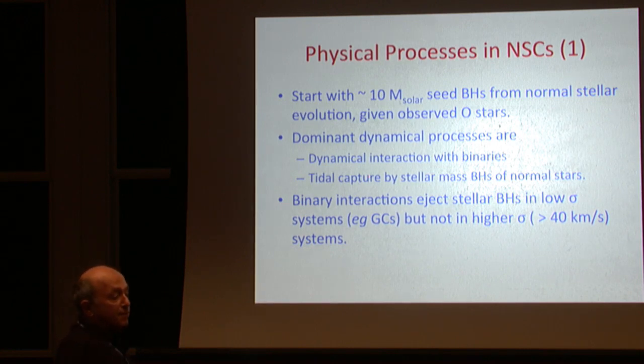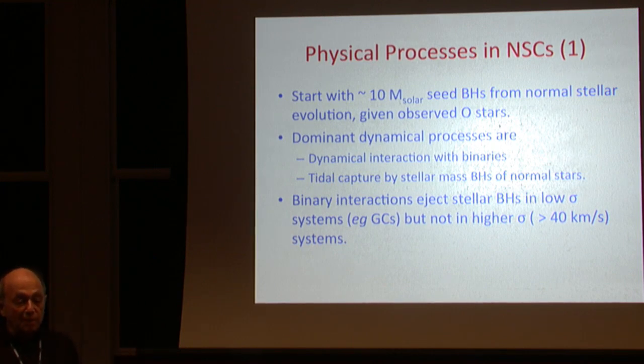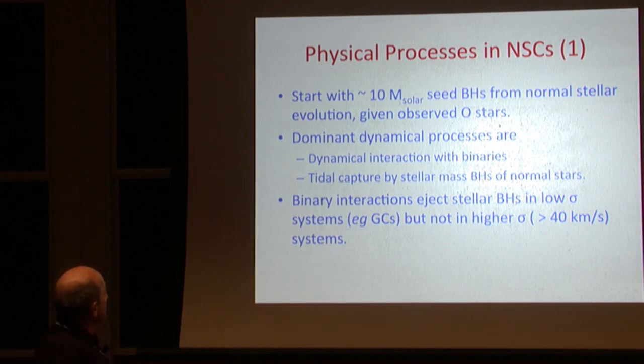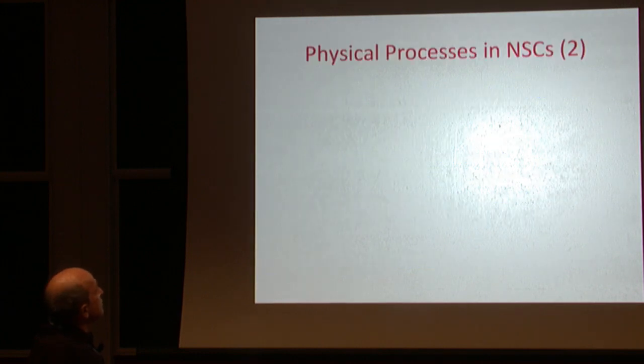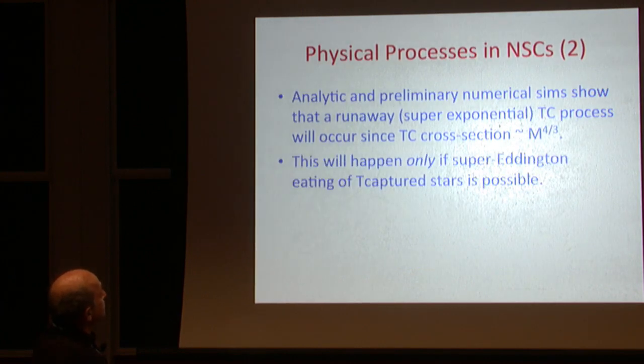But if the escape velocity from the system is more than 40 kilometers per second, then the binaries will not eject the black holes. So then we're looking at tidal capture as the criterion. So let's follow that up. So we have analytic and preliminary numerical sims that show that a runaway will happen.